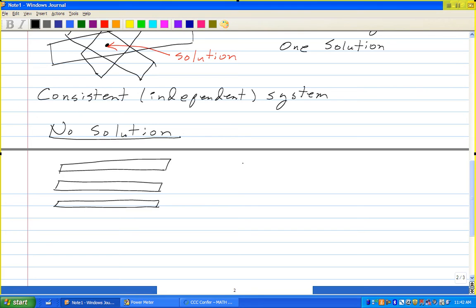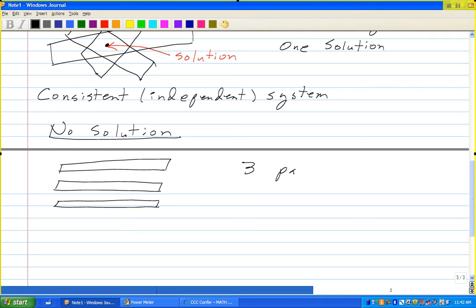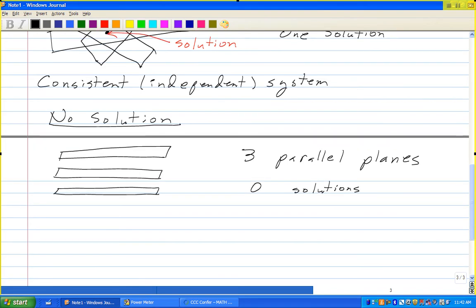Okay, so suppose we have three parallel planes. Then this will have no solution. And maybe I'll divide it there.